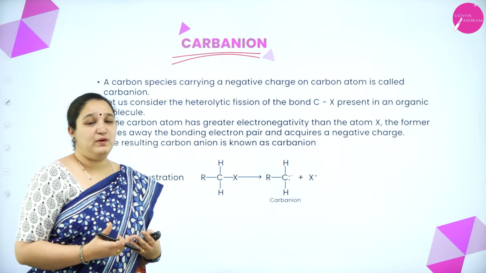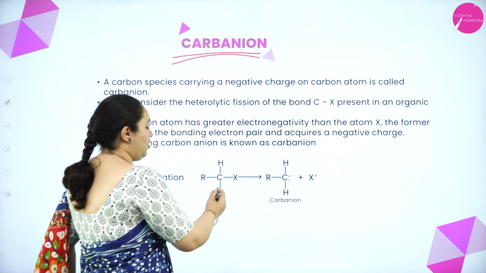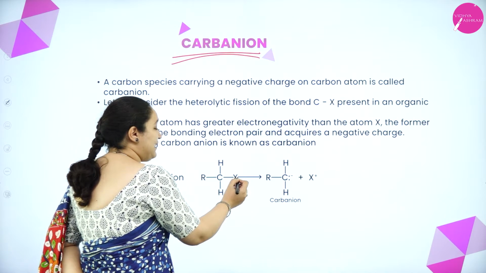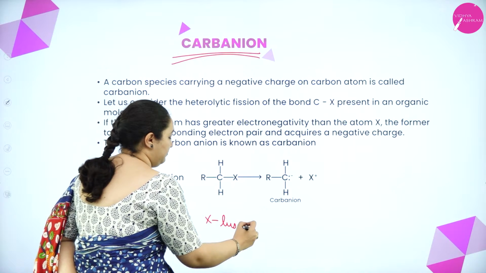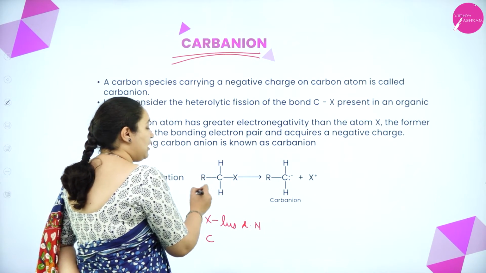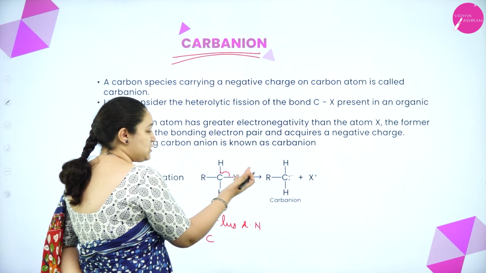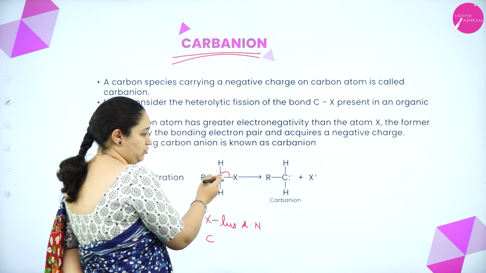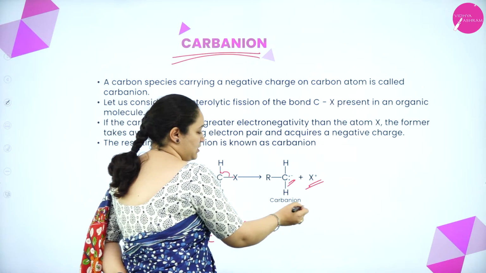Now when is carbanion formed? Okay. For example, I have taken a compound. Now, X is having less electronegativity, okay, compared to the carbon. So, carbon takes the electron towards itself. So, X loses an electron or gives the electron to carbon and carbon gets the negative charge and X gets the positive charge.